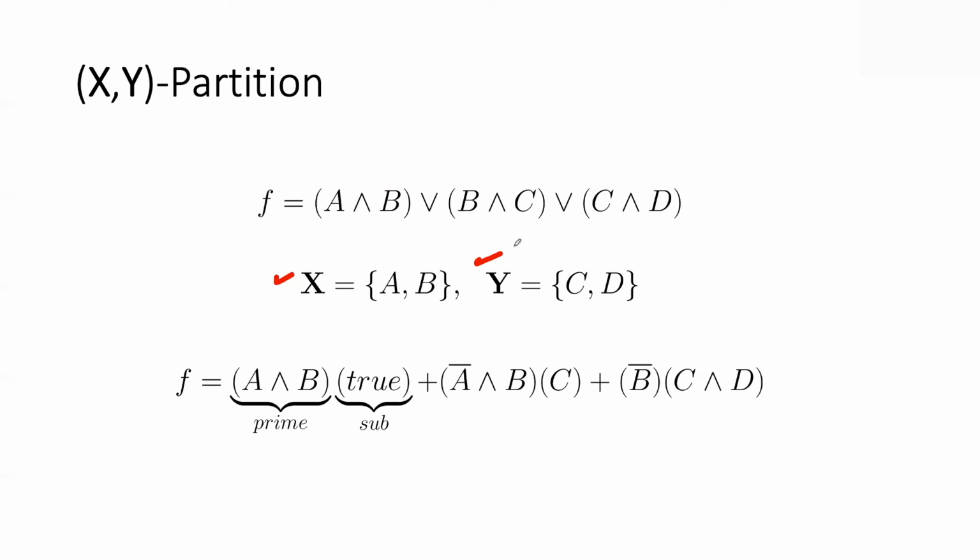And that is an XY partition in this particular case. First of all, I have 3 primes: AB, another prime, not A and B, and this is the third prime, B prime. Now, if you look at these 3 guys, they are mutually exclusive and exhaustive. If you pick any pair, they're not compatible with each other.